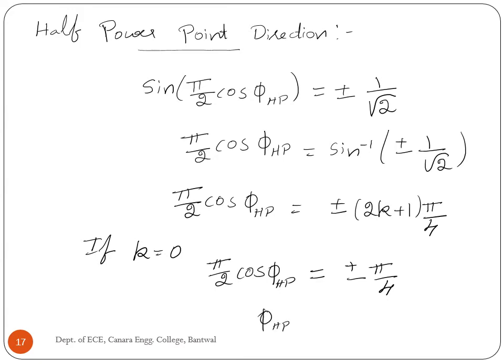Phi is equal to cos inverse of plus or minus half. Therefore, half power point directions are plus or minus 60 degree and plus or minus 120 degree.